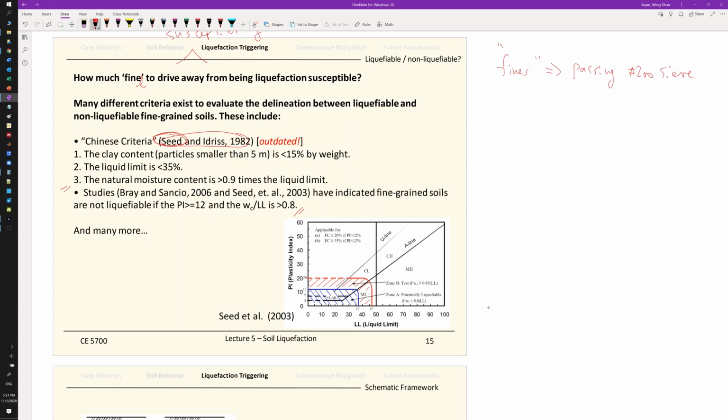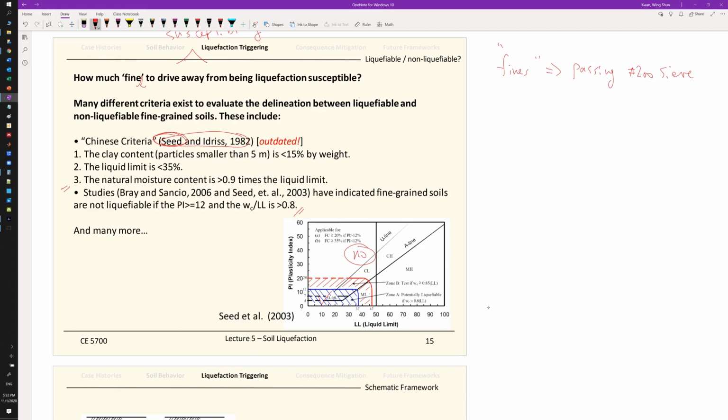The blue area is liquefiable. So the blue is yes. And other than the blue and the red, that's a no. It's not susceptible to soil liquefaction. The soil is too cohesive for liquefaction to happen.